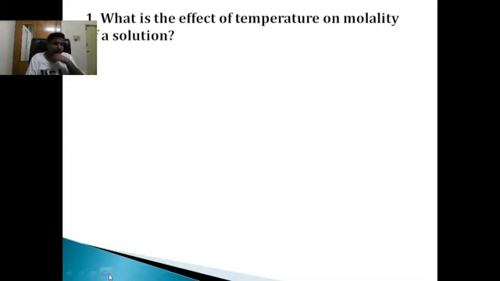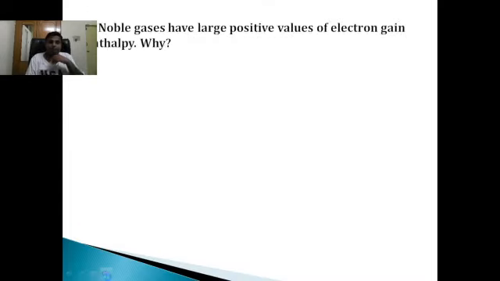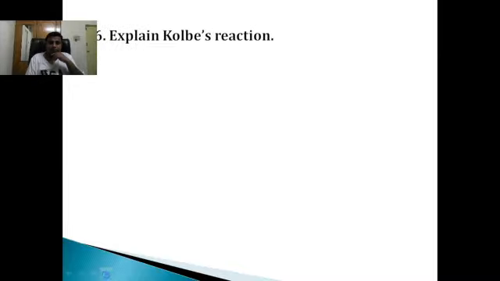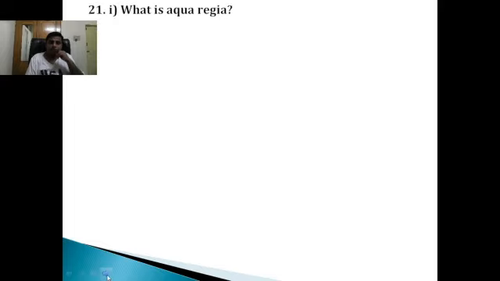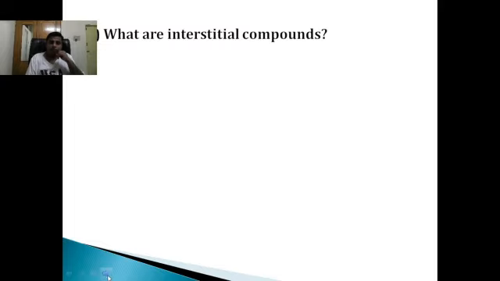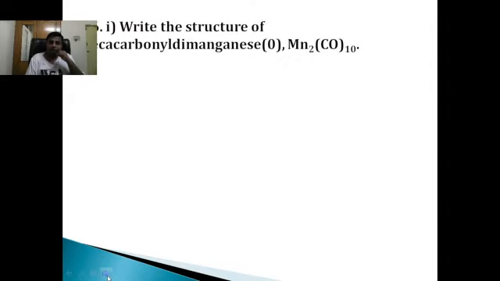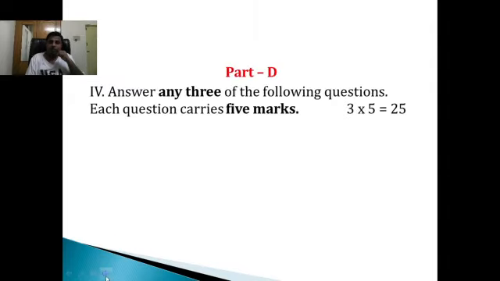Everything we have finished up to part C. I hope you are practicing the same way as I have written the answers, strictly according to the scheme of evaluation. So now, students, part D. Again, you'll have 5 questions here, but you need to answer only 3 questions.